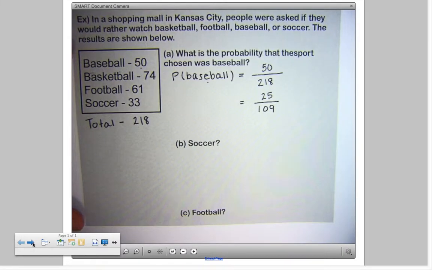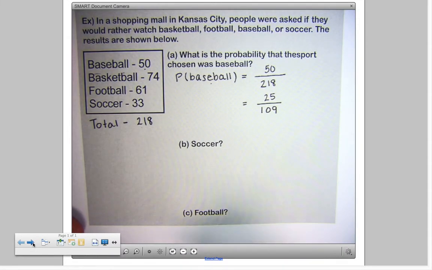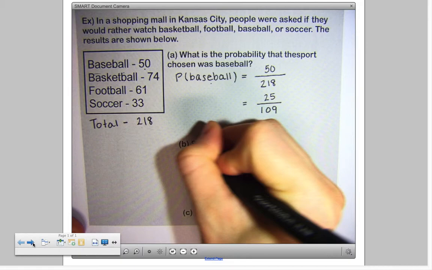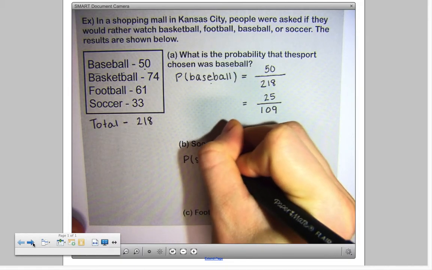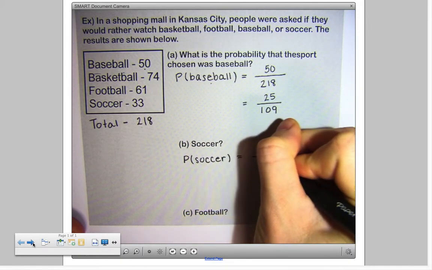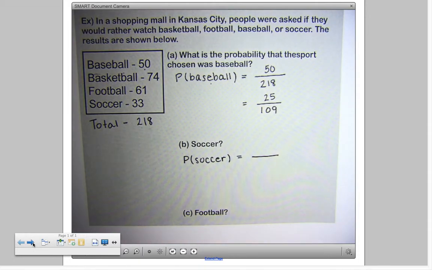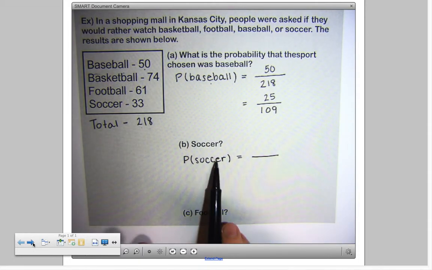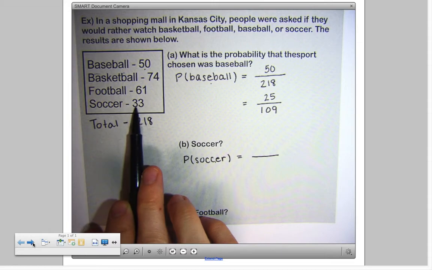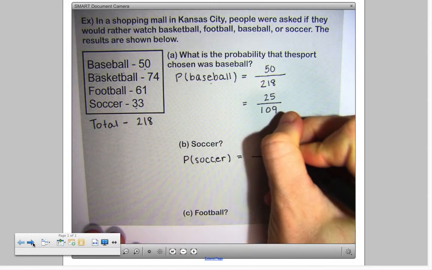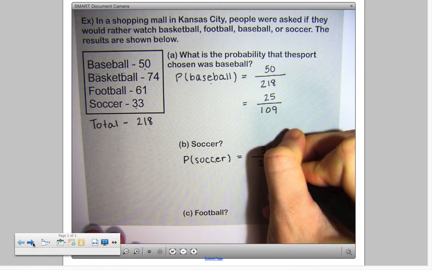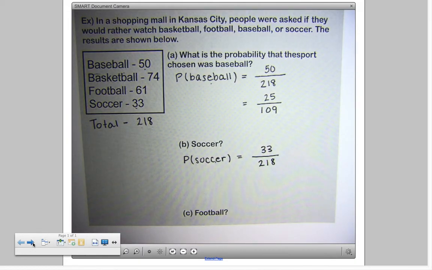Okay, so part B, the probability that they chose soccer. So we're going to have probability of soccer, and soccer goes in parentheses. It's still what we want over the total. Soccer is 33 people over the total, which is 218. That fraction cannot be simplified, so we're just going to leave it as 33 over 218.